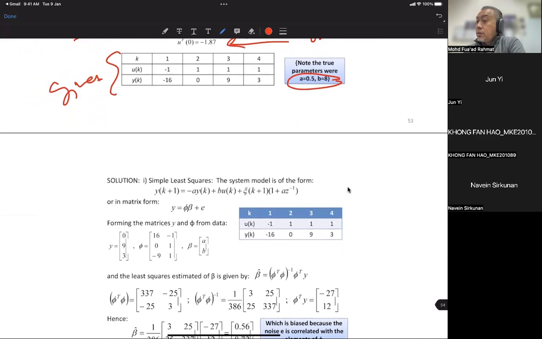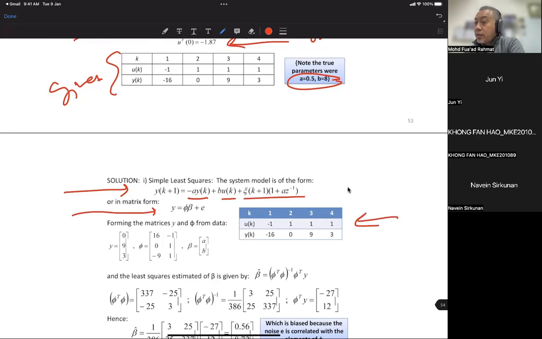The system model is in the form y k plus 1 minus a y k equals b u k plus the stochastic part. In matrix form, we can write y equals psi beta plus e, and this is the data given.